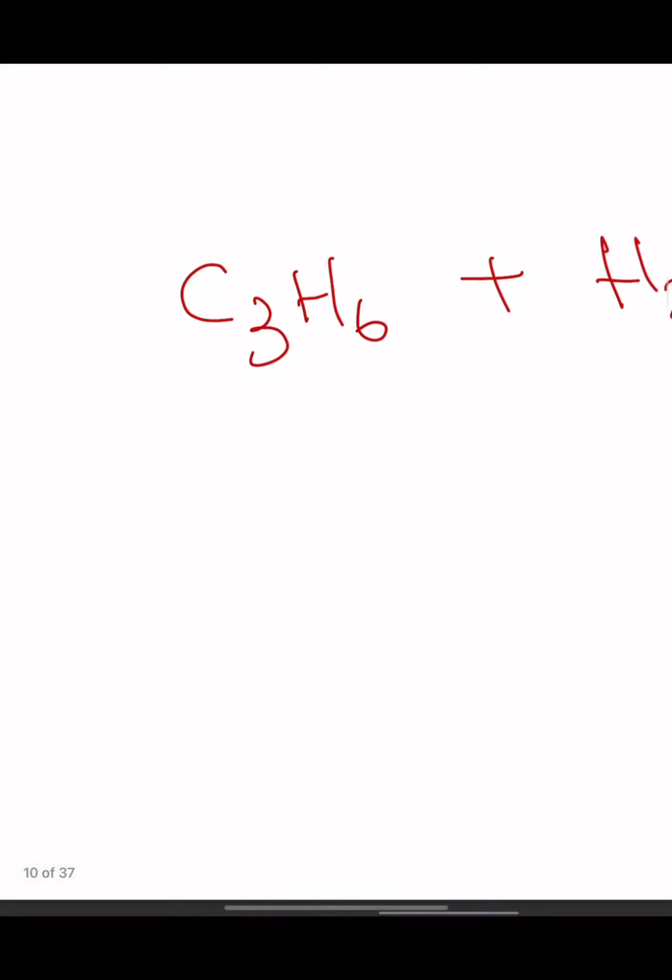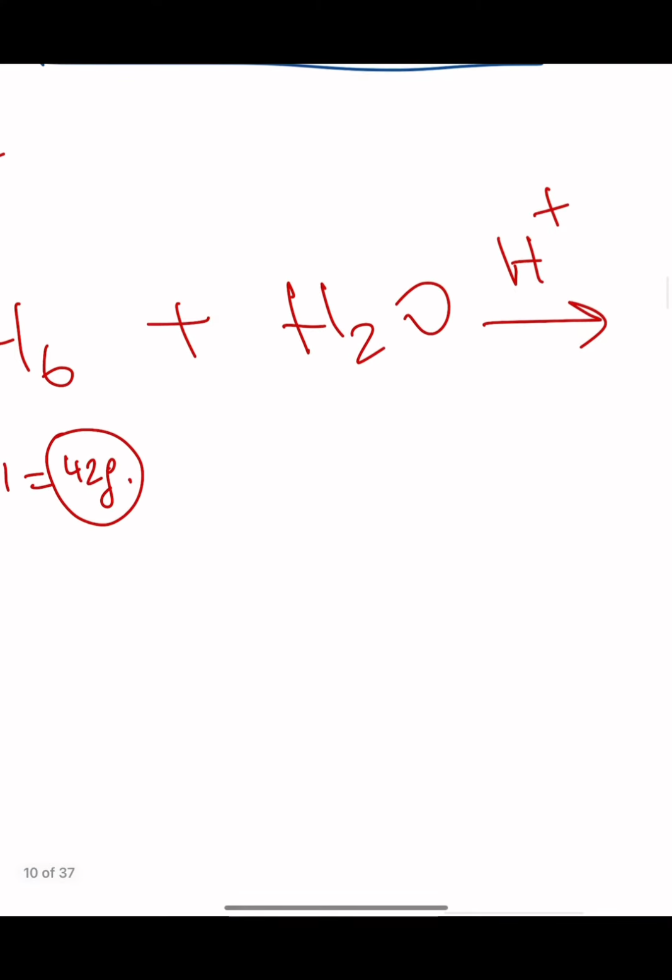Okay, so now you have this. Let's look at the calculation. I know that the carbon is 12, hydrogen is 1 gram, right? So 3 times 12 plus 6 times 1 gives you 36 plus 6, which is 42 grams. Then oxygen is 16, so 16 plus 2 times 1 for hydrogen is 18 grams. So 42 grams coupled with 18 grams.